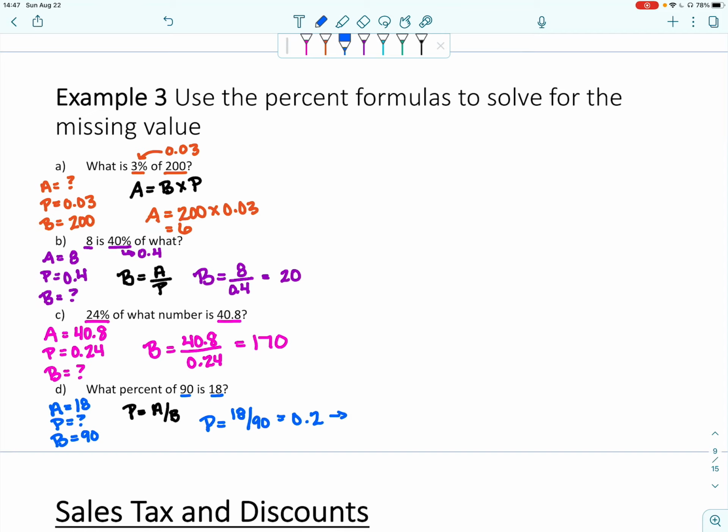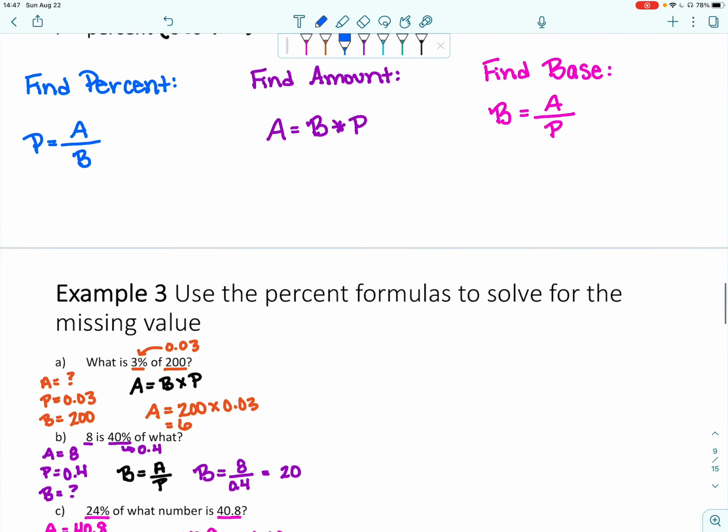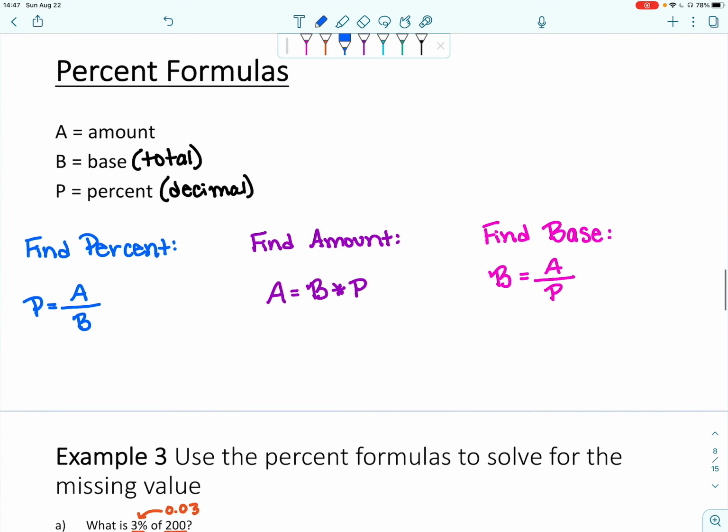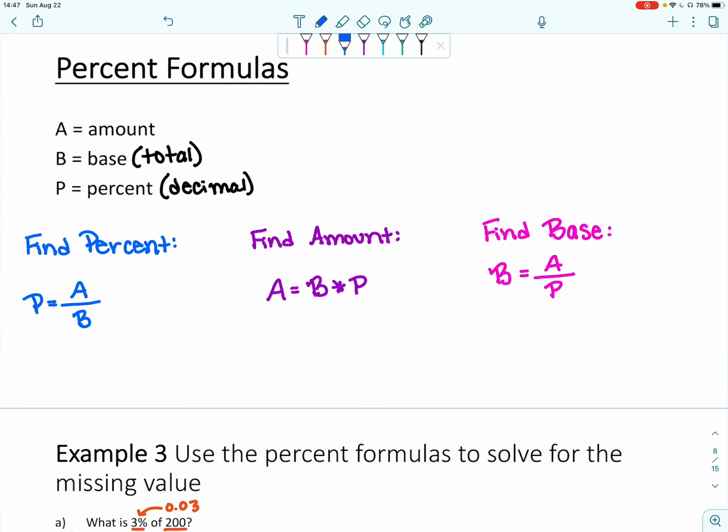And then I'm going to turn that into a percentage because it asked what percent. So some examples of how to use these formulas up here in some various word problems.